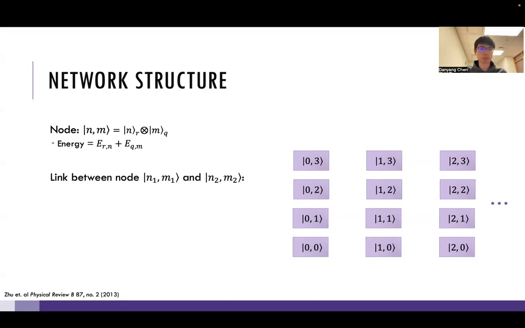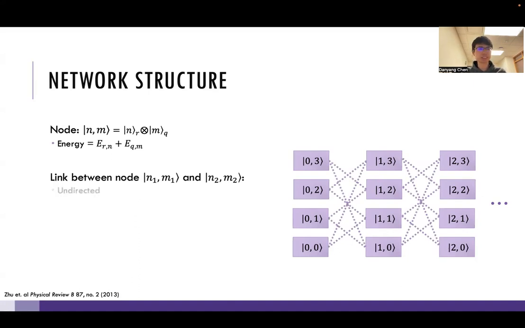And the links between nodes, M1, M1 and M2, M2, are simply described by the coupling Hamiltonian, and they are represented in the figure like this. The links are undirected, but weighted. The weight of the link equals the matrix element of the coupling Hamiltonian.